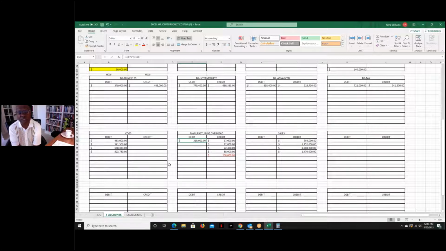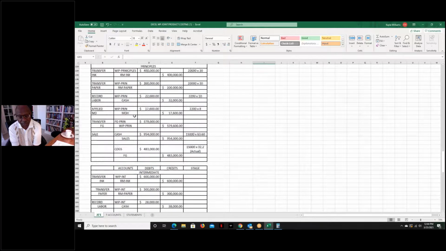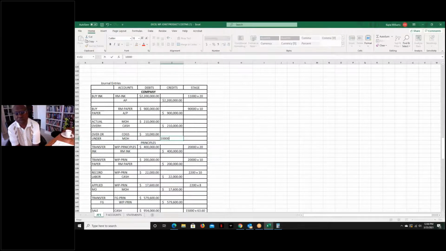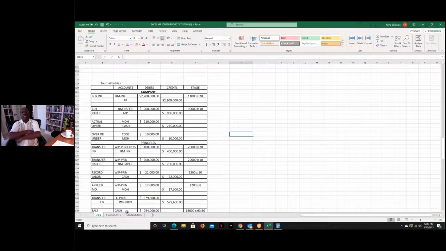Cost of goods sold debit at 10,000. Manufacturing overhead credit at 10,000. So let's get that posted.